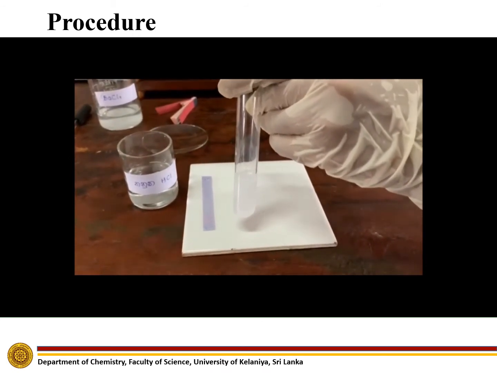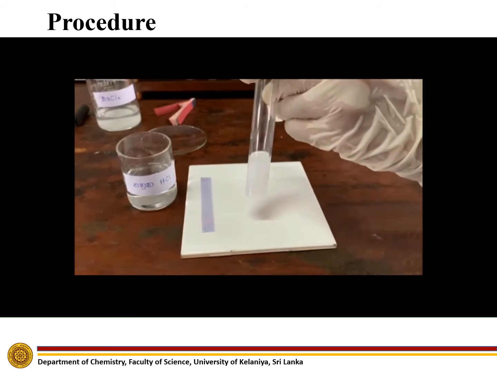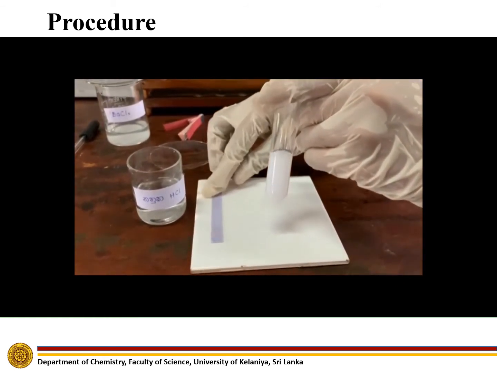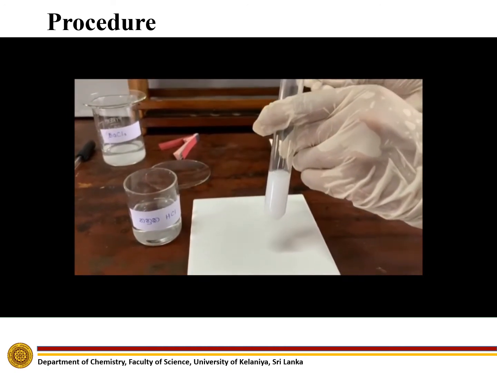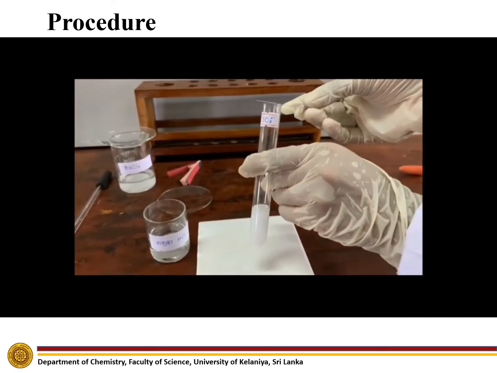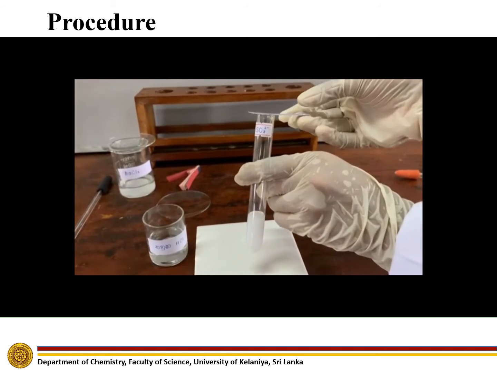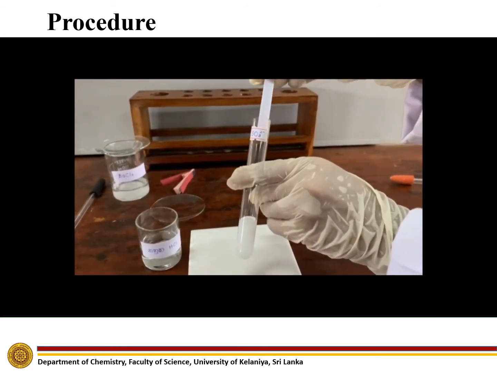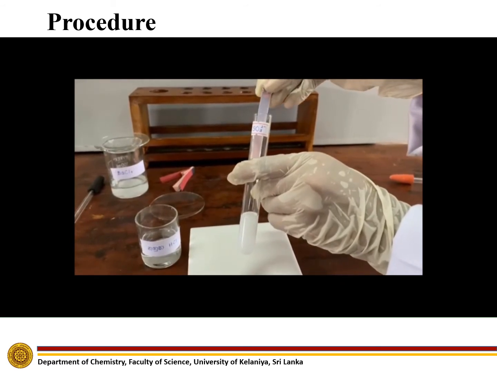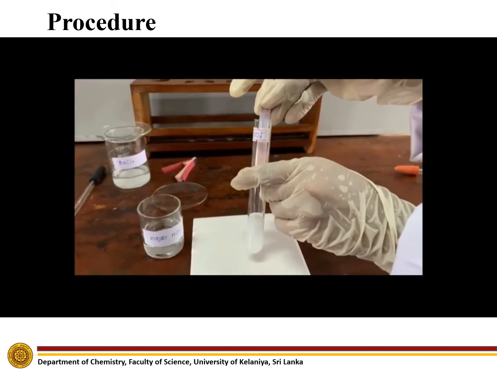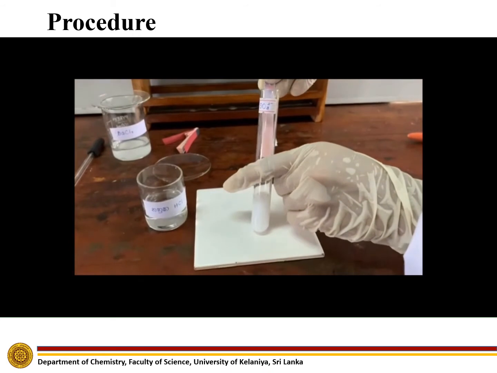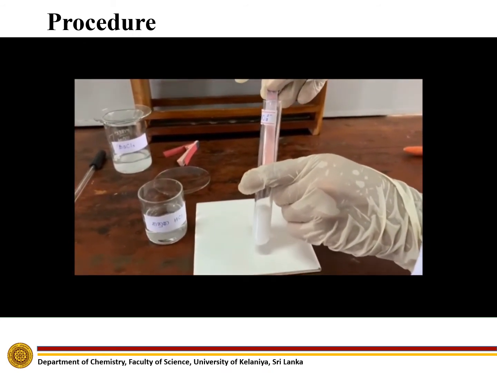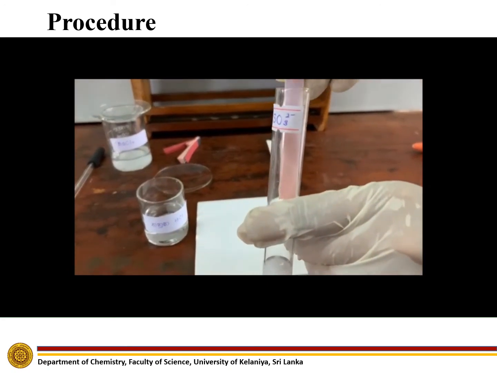The precipitate dissolves. Place a blue litmus paper on the top of the test tube. The color will change to red.